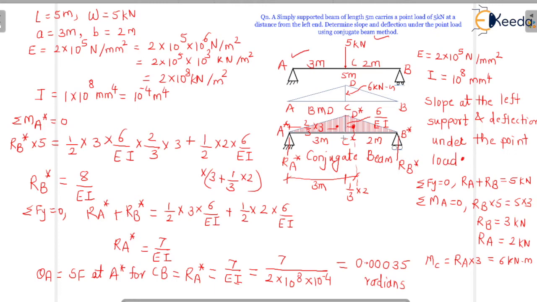Bending moment at this point means see the left side load. So RA into this 3. Okay, this is clockwise. RA star into 3 minus this area of the triangle half into 3 base into height 6 by 3 EI into this CG distance. Okay, because moment about this point. So 1/3 of 3 we will get.